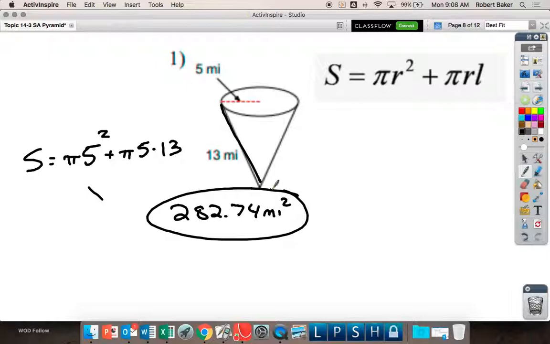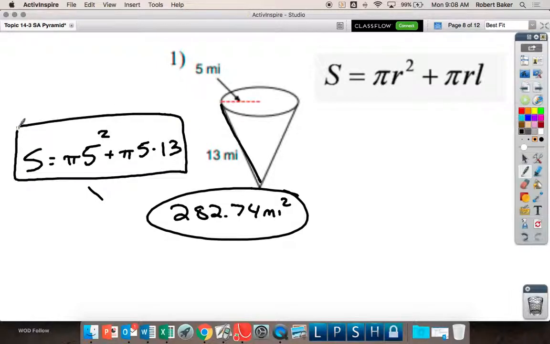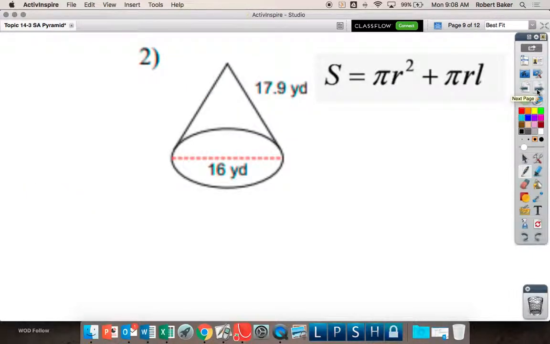So that cone is 282 square miles. It's a big cone. Huge cone. So again, I think this information is a little easier to see, a little easier to plug in because it's just a cone. You don't have to change the shape of the base. Watch out for these tricky ones.